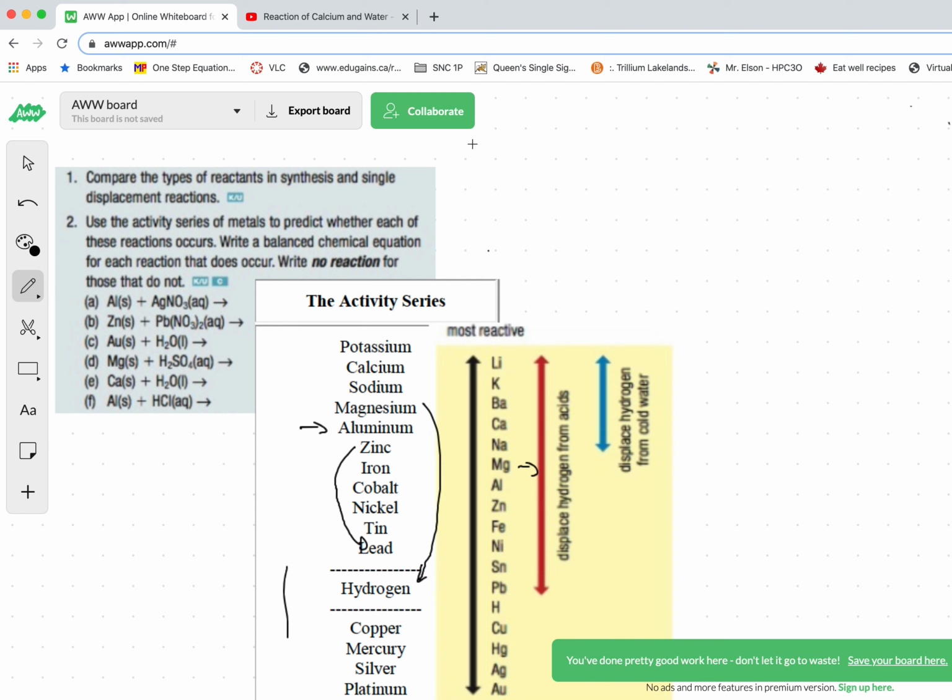So let's just look at what your book suggests on how to write this. In this course, we're treating water as our liquid. And as I mentioned, it becomes calcium hydroxide plus H2 gas.